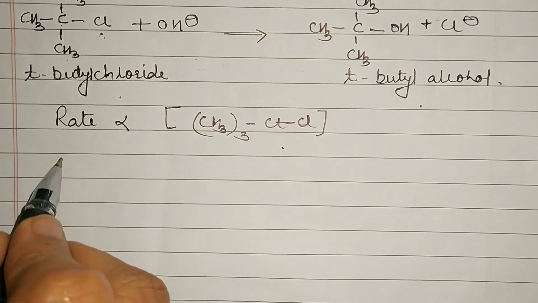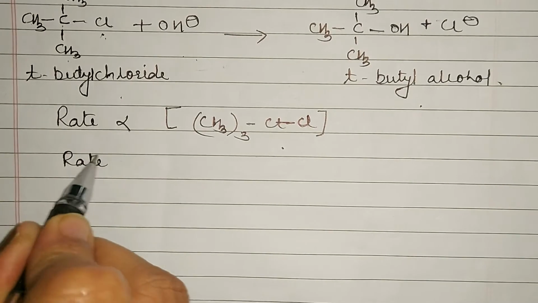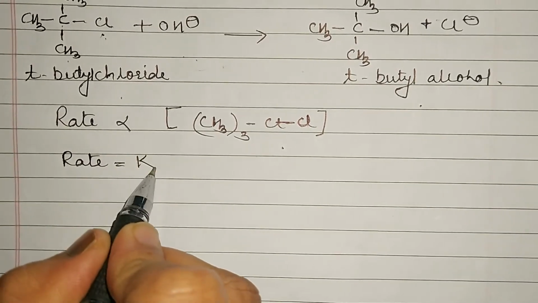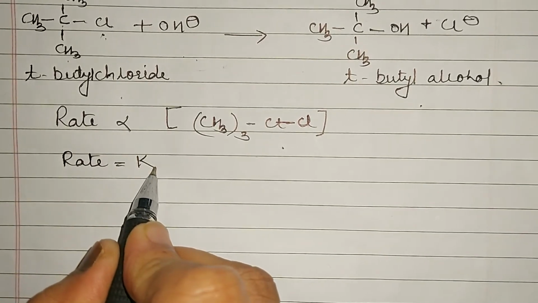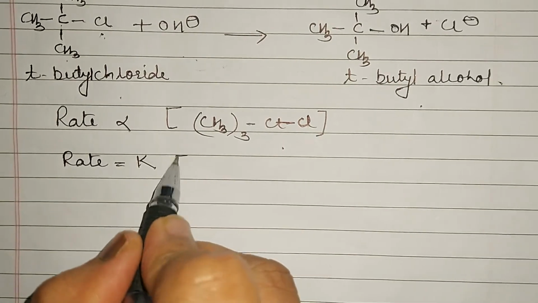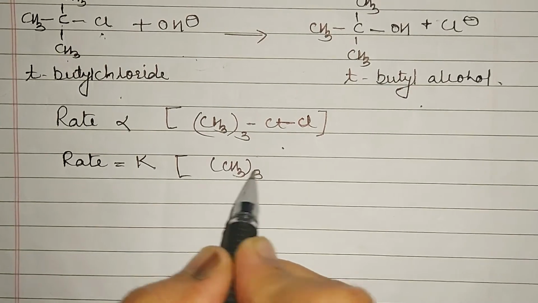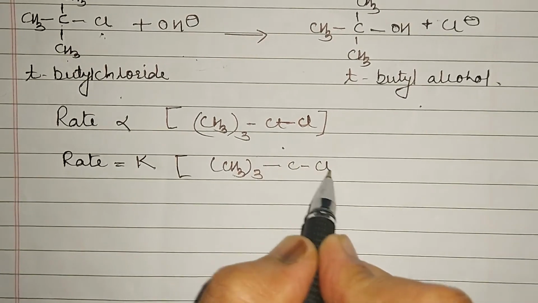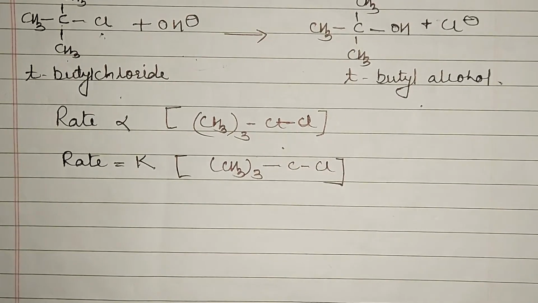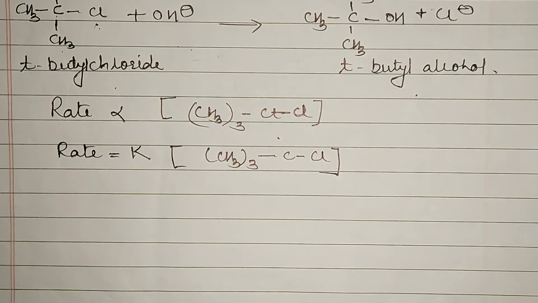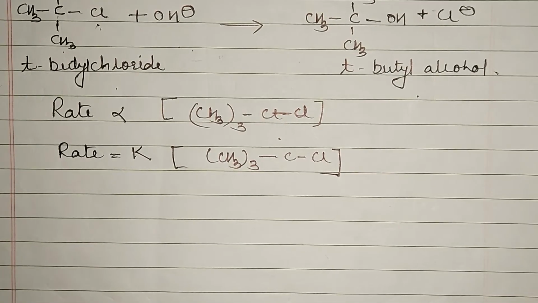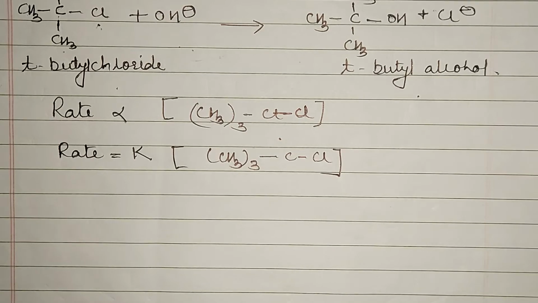Now we can write it like this: rate is equal to K [(CH3)3CCl]. Here K is the rate constant. This reaction completes in two steps.